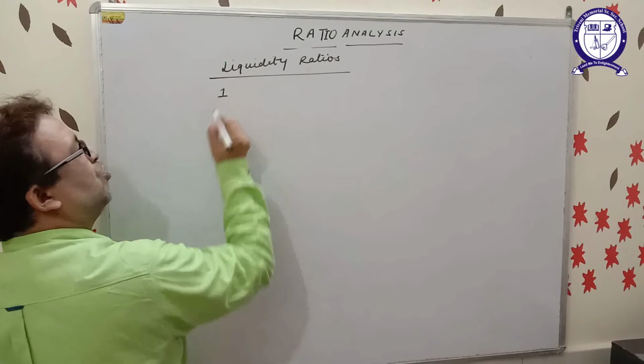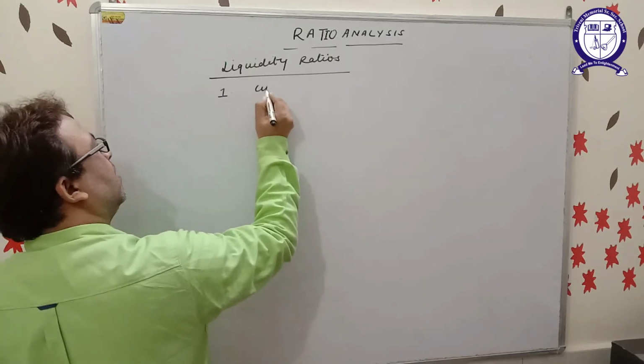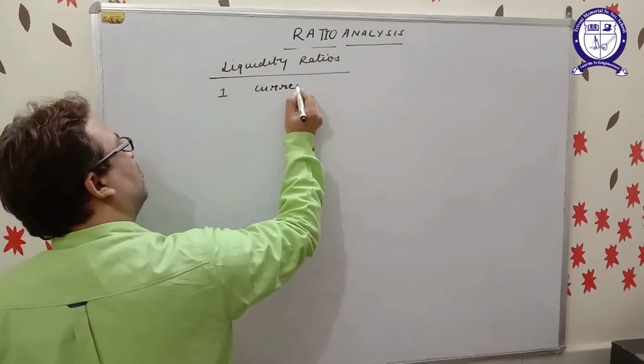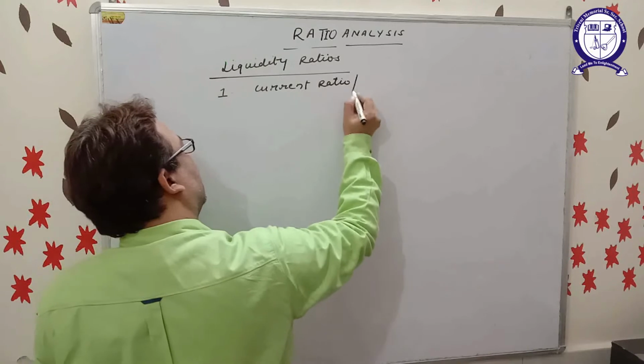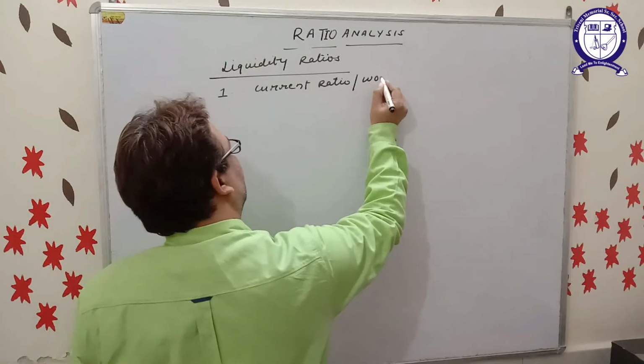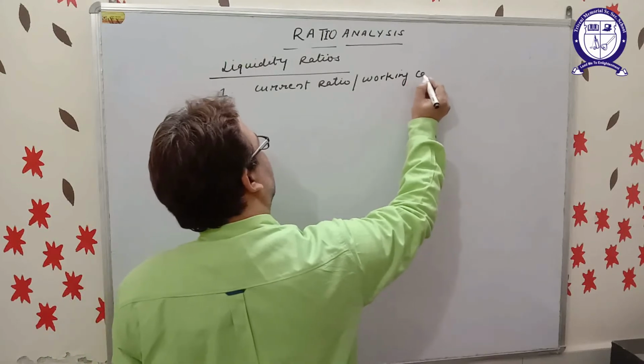Two ratios are used to check the liquid position of the company. Number one, current ratio, also known as working capital ratio.